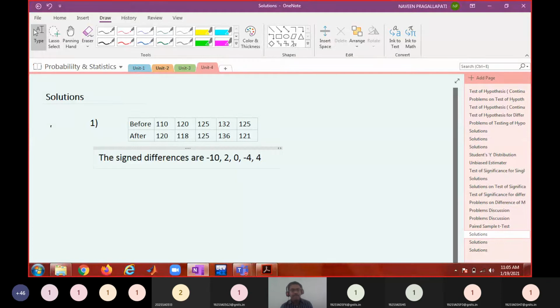Now what is the mean of these signed differences? The mean of the above signed differences is -1.6.